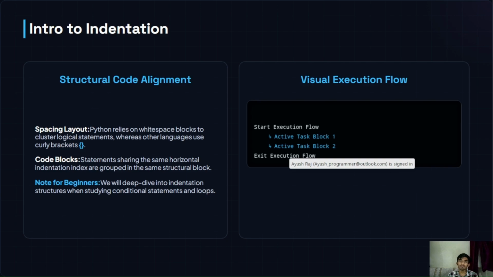For example, if we write step 1, step 2 and finish, see how step 1 and step 2 are moved toward the right. That's indentation. Most programming languages use curly brackets to group code, but in Python we don't have curly brackets, so we use indentation, meaning leaving spaces. This makes Python code look more neat and easy to read.